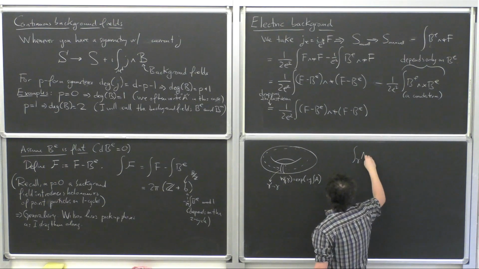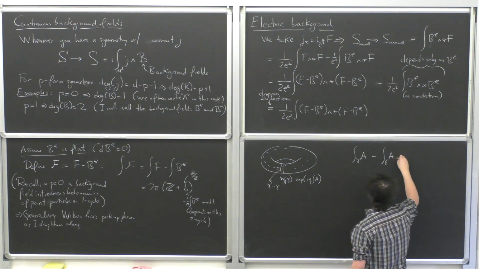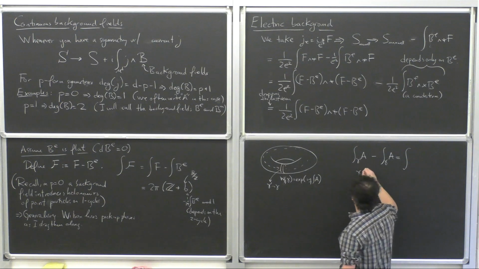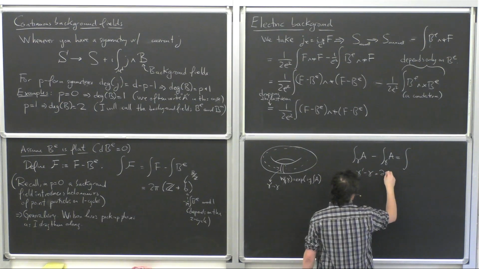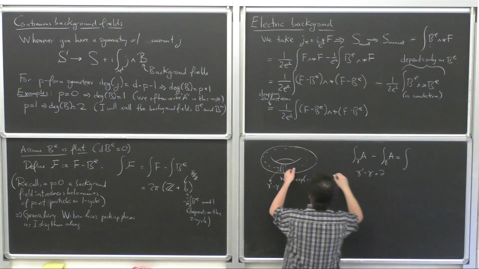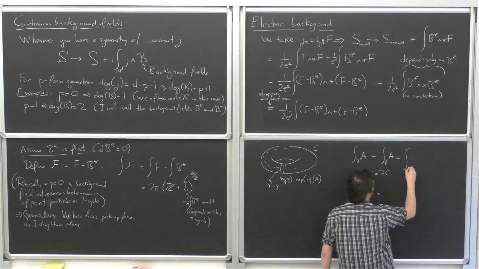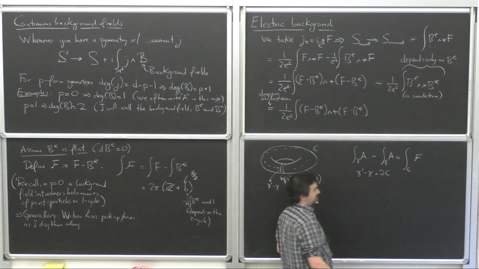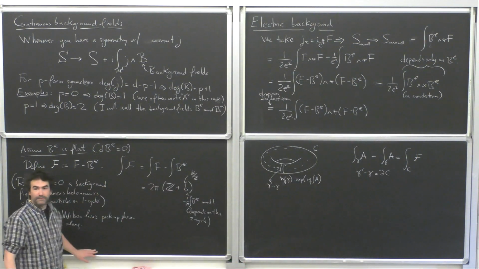The integral of A on gamma prime minus the integral of A on gamma. Well, gamma prime minus gamma is the boundary of this cylinder here. Let me call it C. So it's the integral over C of curly F, my electric field that now has some funny quantization.